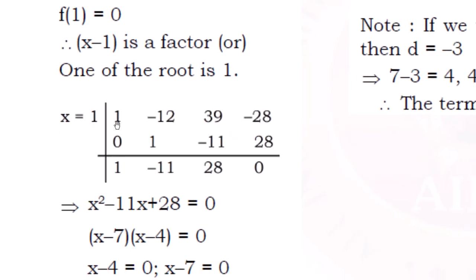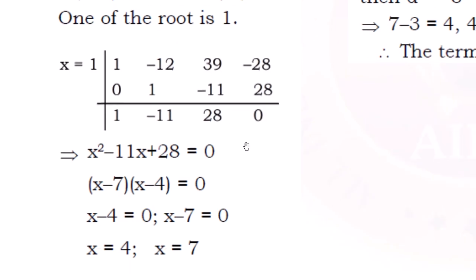So we have to take 0 under the first coefficient. 1 minus 0 equal to 1. 1 into 1 equal to 1. Minus 12 plus 1 equal to minus 11. 1 into minus 11, minus 11. 39 minus 11, 28. 1 into 28, 28. Minus 28 plus 28, 0. So this is the remainder.